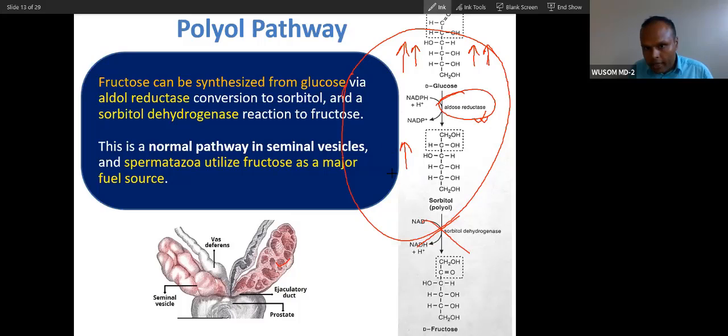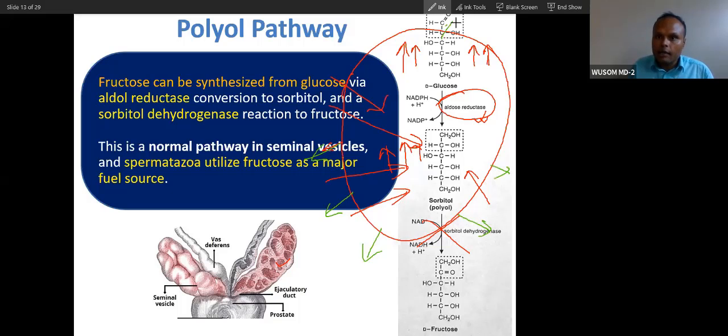So sorbitol will become very high inside the cell, and it is an osmotically active compound. It will suck water, and the cell will swell. Swelling of the cell means damage to the cell, and damage to the cell means damage to the organ.